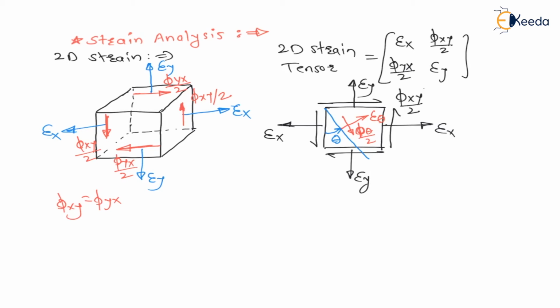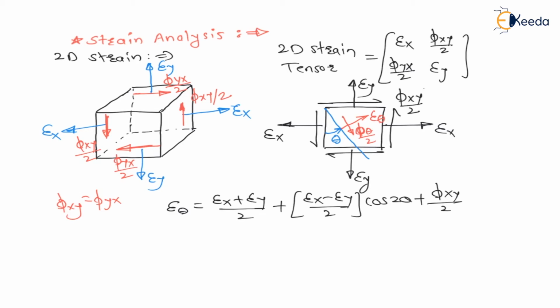Now to derive formulas, the normal strain on any inclined plane, E theta, is equal to Ex plus Ey by 2 plus Ex minus Ey by 2 cos 2 theta plus phi xy by 2 sin 2 theta.